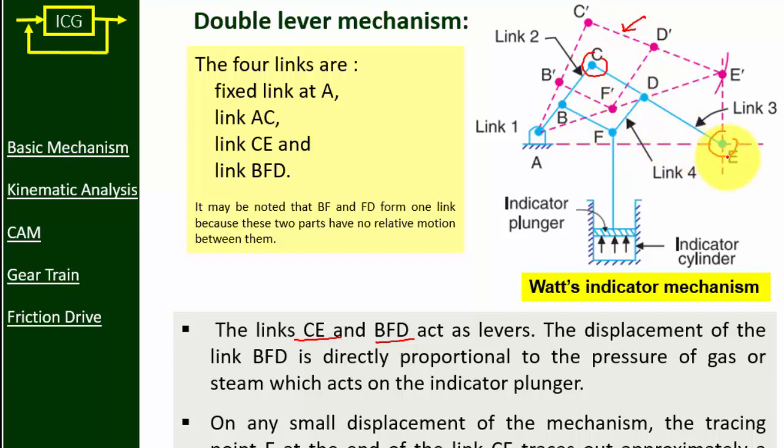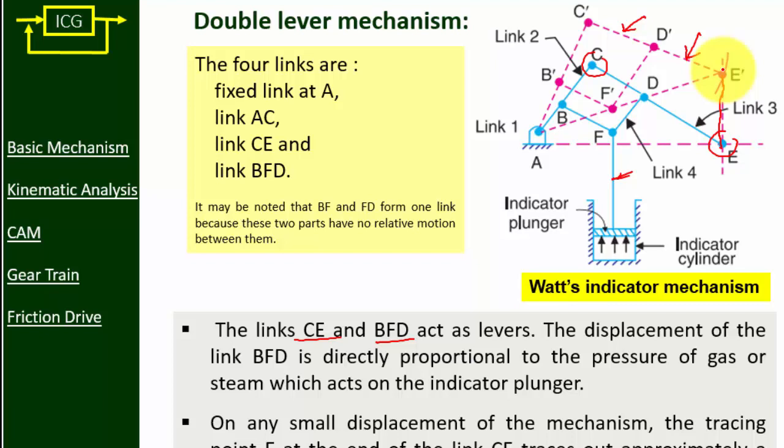The point E traces a line like this on paper. The initial position of the mechanism is shown by the blue line, and this is the displaced position in pink line. So by measuring that displacement we can find the total work done by the engine.